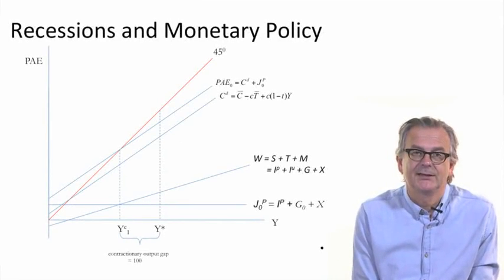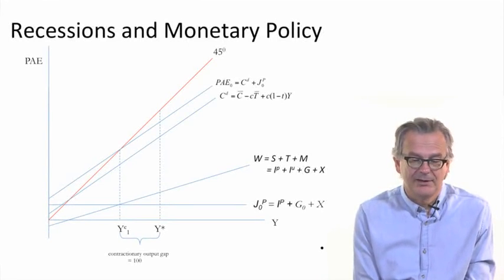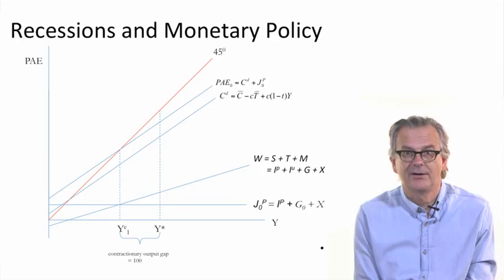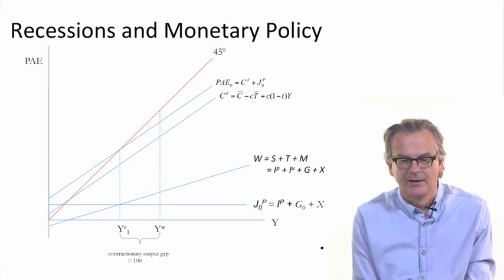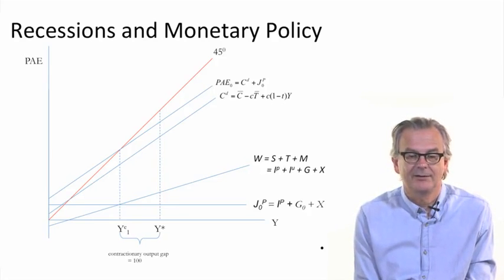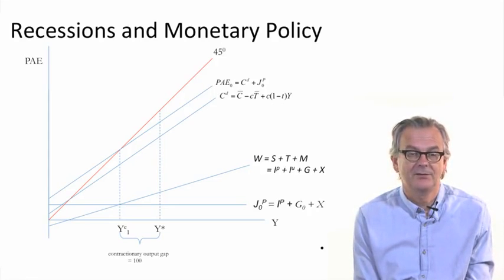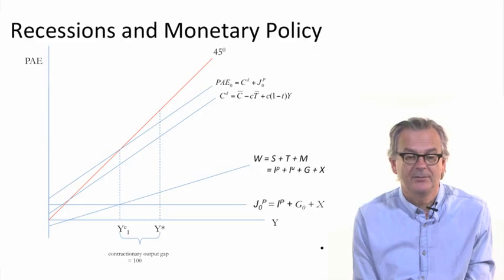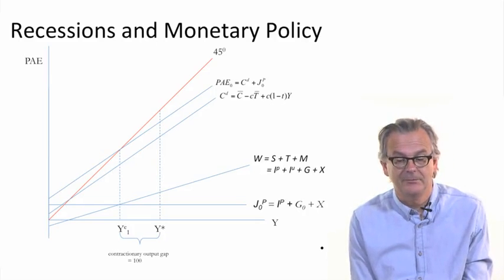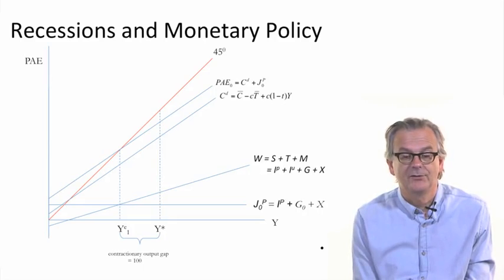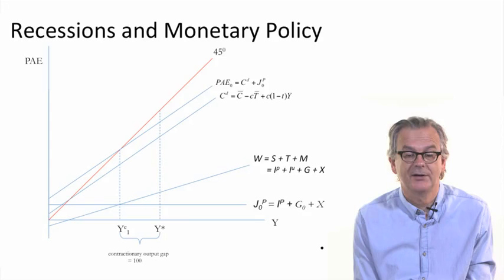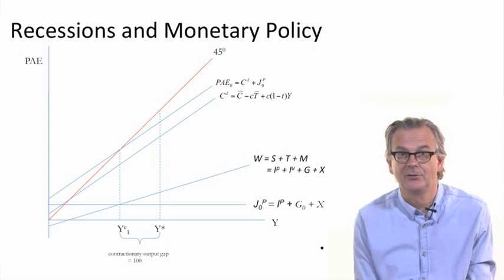So let's take as our starting point an economy that's in a contractionary output gap. And we now understand that an economy in this sort of equilibrium, there is perhaps a role for government to play in trying to encourage or to stimulate or to directly bring about an increase in planned aggregate expenditure so that we can move to a situation where the economy's equilibrium corresponds to potential GDP.